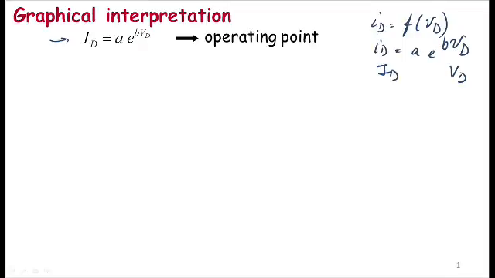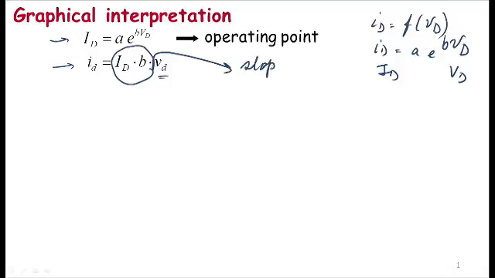That's my operating point. And then we said that my small signal ID was related to the small signal VD proportionally, and it was in fact related by multiplying small vd by a constant, and that constant was the slope of the function at the point capital VD comma ID.